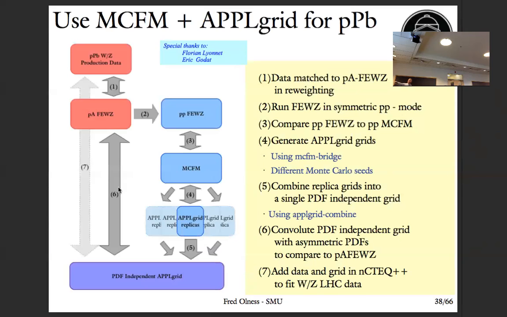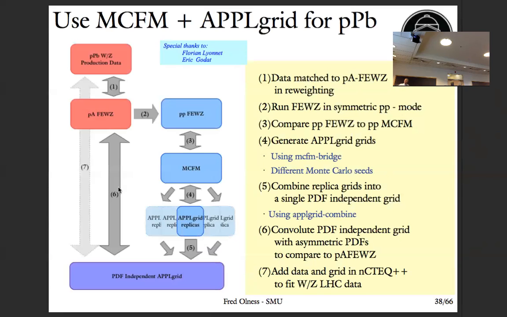So what we did was we took this, validated it in the pp mode to make sure everything's working right, and then validated against the MCFM pp W/Z production. And then MCFM is able to put out APPLgrids. And so we put out somewhere between 10 or 15 separate APPLgrids. And what's nice about this, if you have enough statistics in the APPLgrids, it actually becomes independent of the initial PDF.